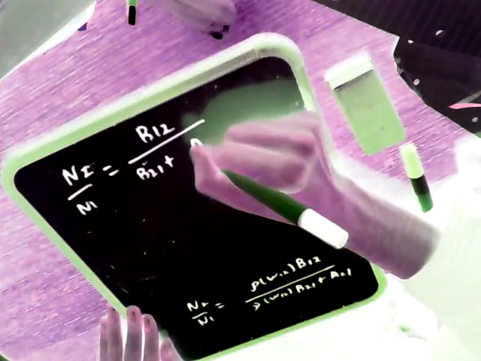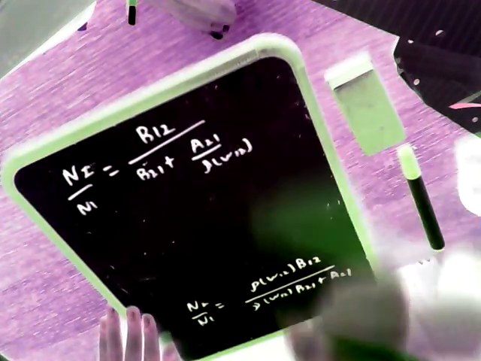We are going to divide through by rho omega 1 2 to get that N2 over N1 is equal to B12 over B21 plus A21 over rho omega 1 2.